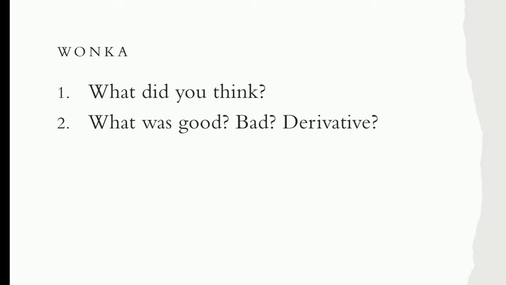Anyway, this one is supposed to be the origin of the 1970s one. If you watch the trailer for the 1970s one, it's so creepy. I remember seeing it as a kid, but it's the exact same songs, but Gene Wilder is an old man. He's dressed the same, he looks the same.